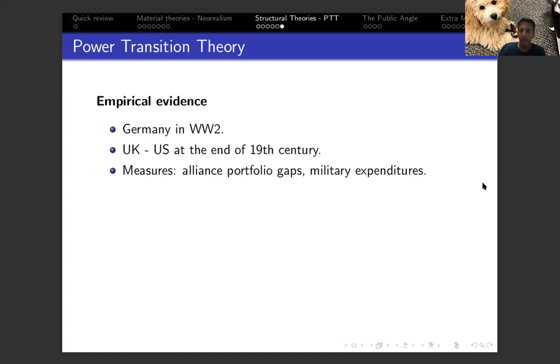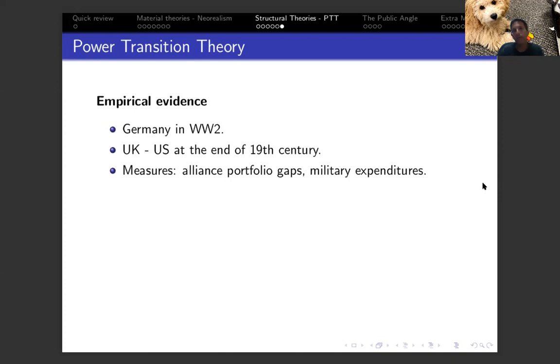So if the dominant state has some nations within its alliance portfolio, and the challenger has other states which have a different point of view of the international system, that might predict war in the future. A more direct way to measure that is looking at military expenditure. When the challenger has substantial military expenditure, that might eventually lead to power parity, and those conditions might indicate that war is more likely.